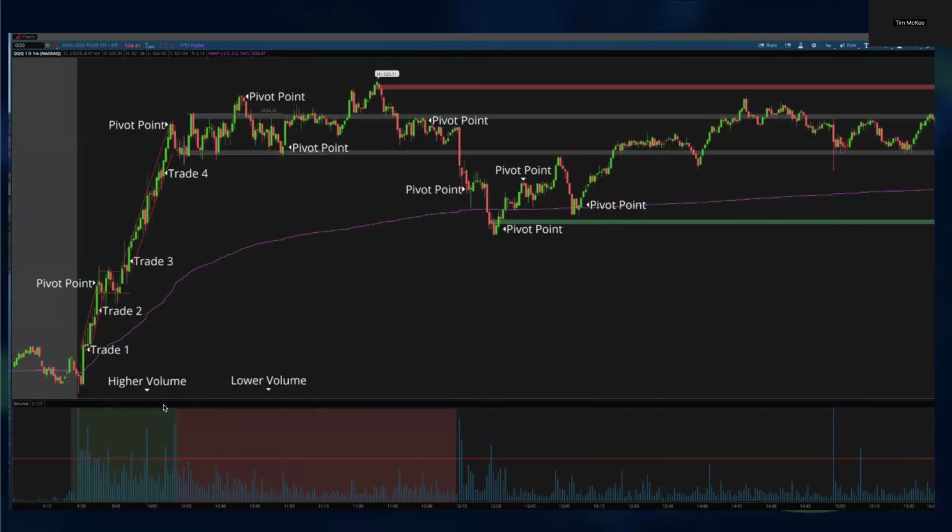You can see during that swing high, we had generally higher volume in this green shaded area. And then when it started going sideways, we had a drop off in volume. Now, this is one of the very fundamental keys to volume price analysis: real moves have to be supported by higher volume.